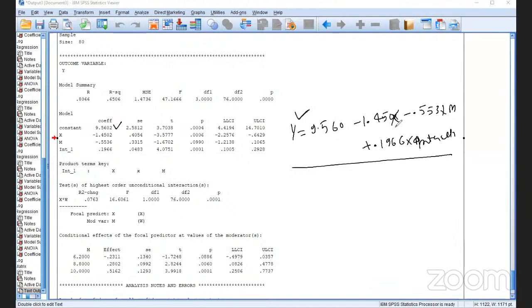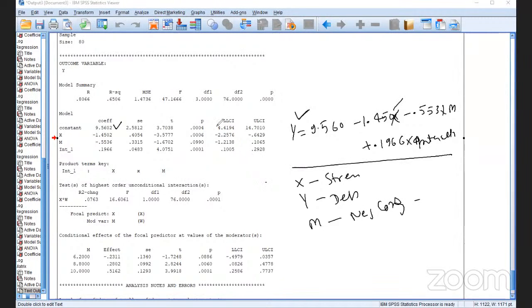Interpret these terms: x means stress, y means depression, and the moderator means negative cognition. So we will write these terms.